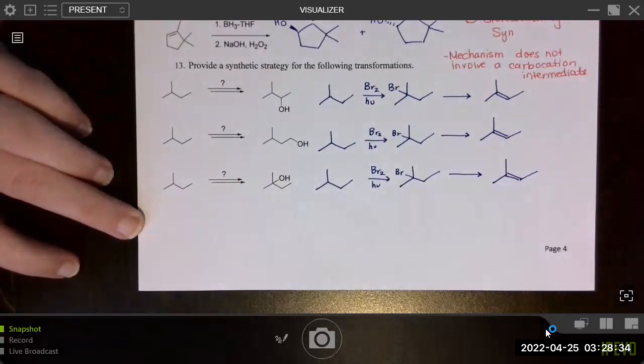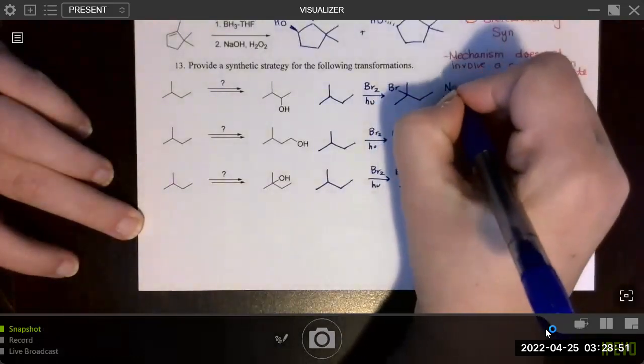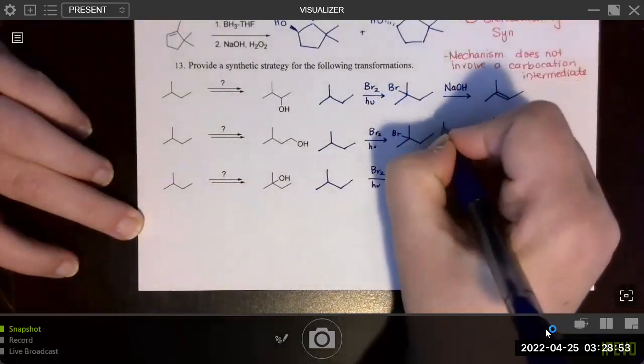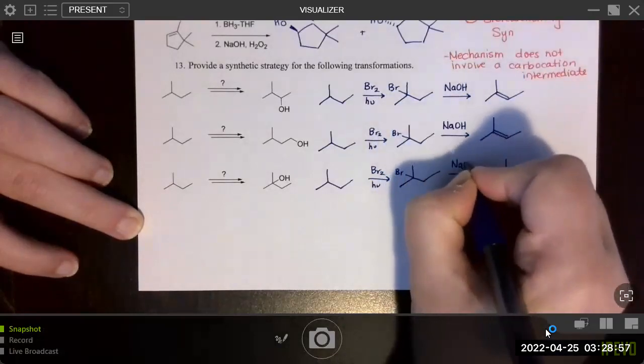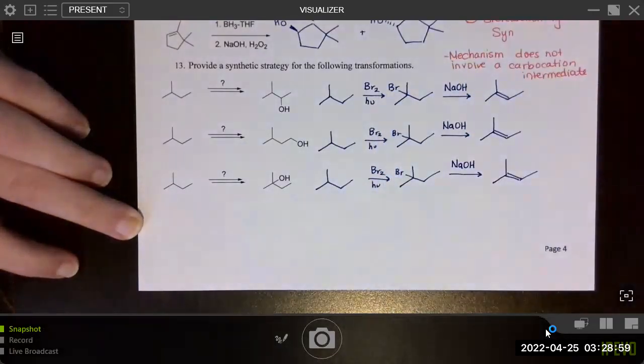Right, so what is going to work to do elimination? So this is a Zaitsev elimination. So I want to use a small, unhindered, strong base to do my E2 reaction to get this Zaitsev product. So sodium hydroxide is a good choice, or sodium methoxide or sodium ethoxide are also considered small, strong bases.